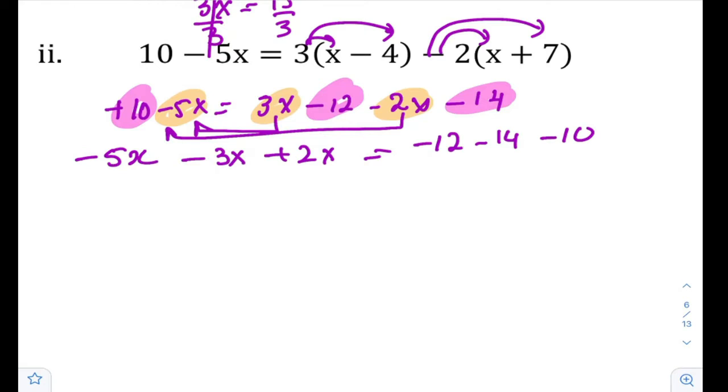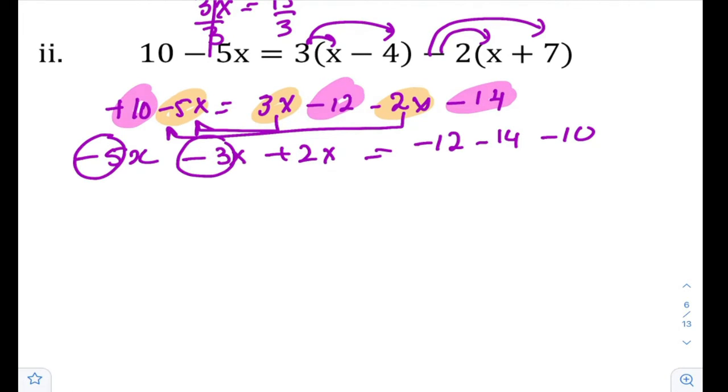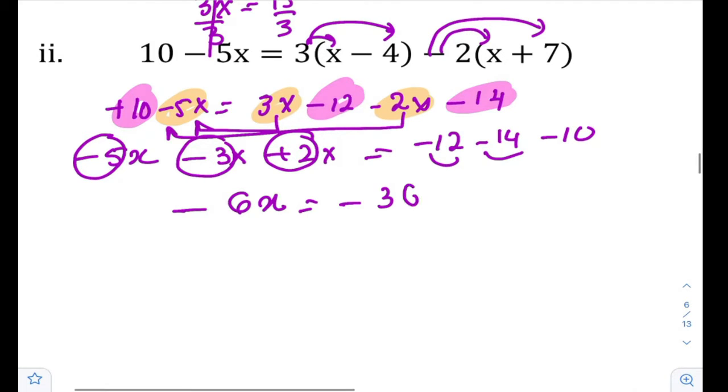Now just add the like terms. Negative 5 plus negative 3 is negative 8. Negative 8 plus 2 is negative 6x equals negative 12 minus 14 is negative 26. Negative 26 minus 10 is negative 36.